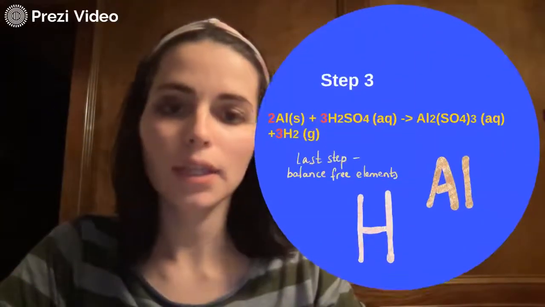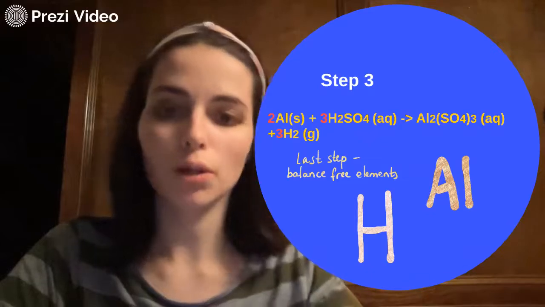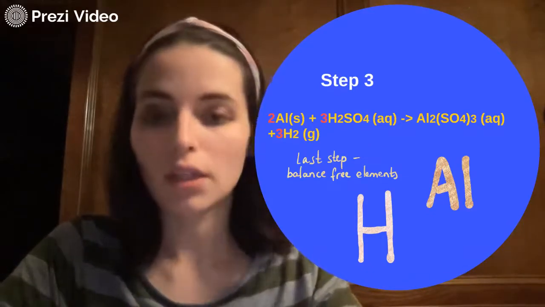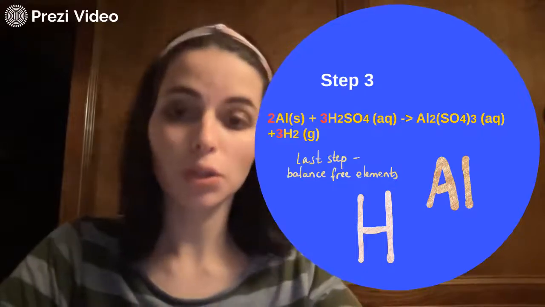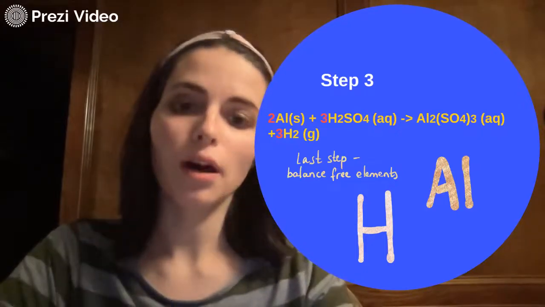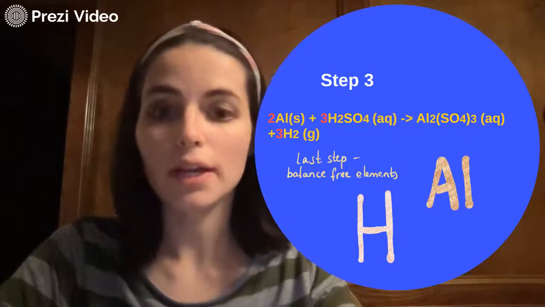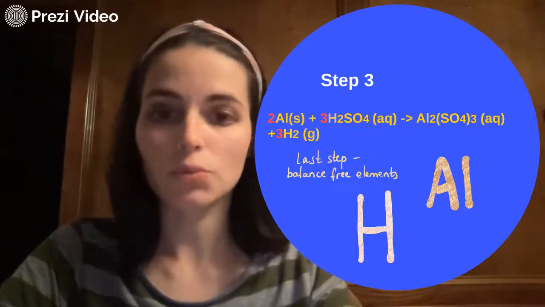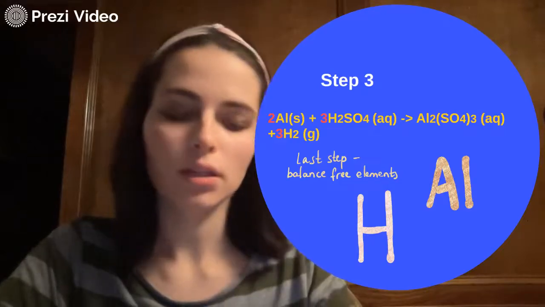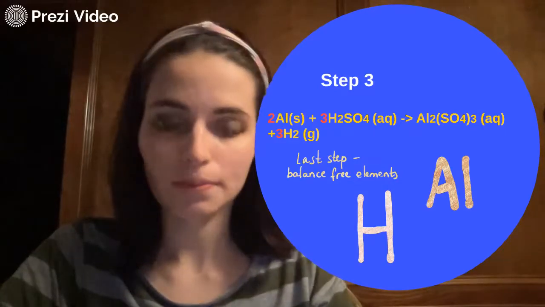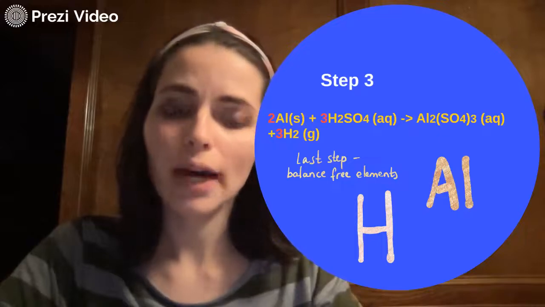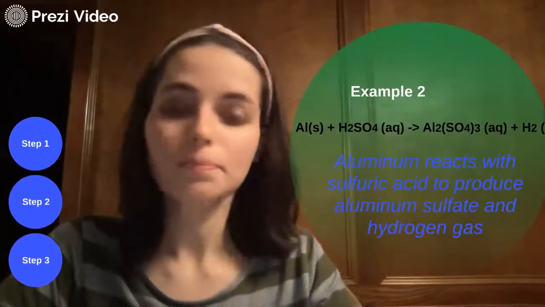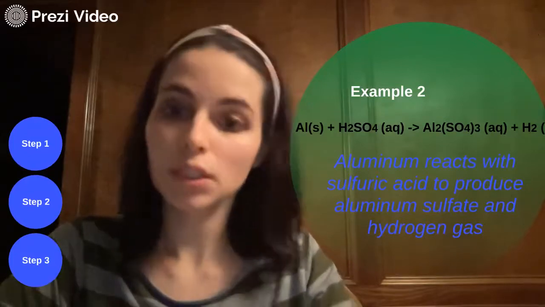We add a coefficient of 2 to solid aluminum on the left side, and we add a coefficient of 3 to hydrogen gas on the right side, and that gives us 6 atoms of hydrogen, and this balances the equation. So our equation is perfectly balanced.